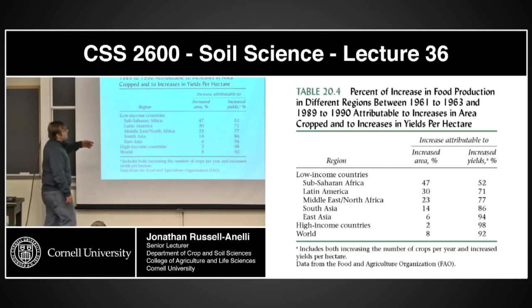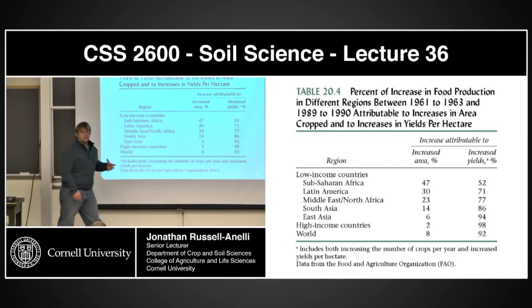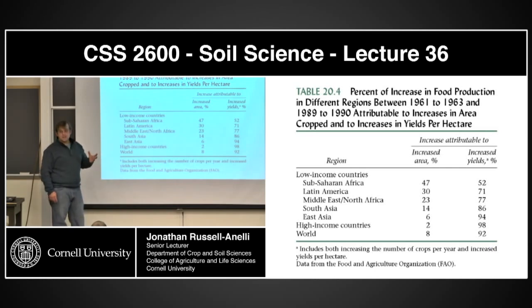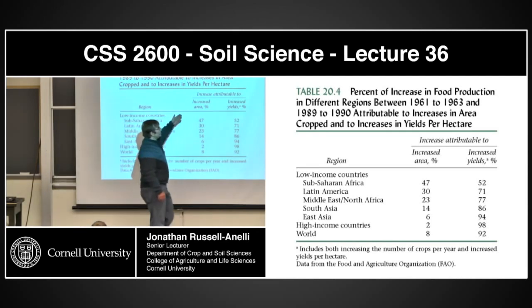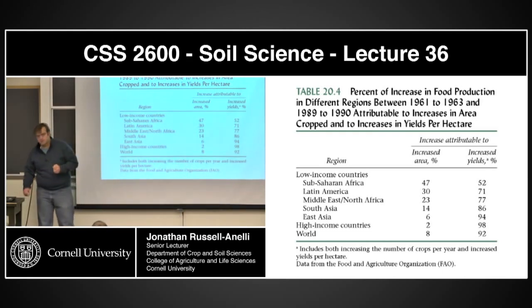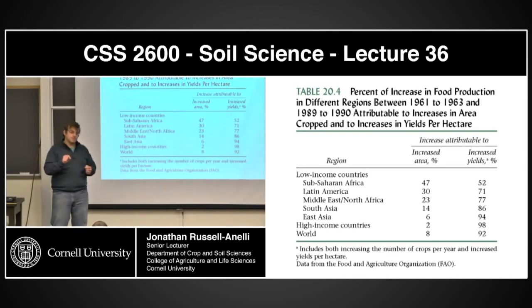Okay, so this is looking from the early 1960s to the early 1990s. This is dated material, but we look at regions and the increase of food. I haven't shown this slide yet, and I'm going to hold off on it. But think about this: if we are going to increase food production, there are basically only two ways we can do that.